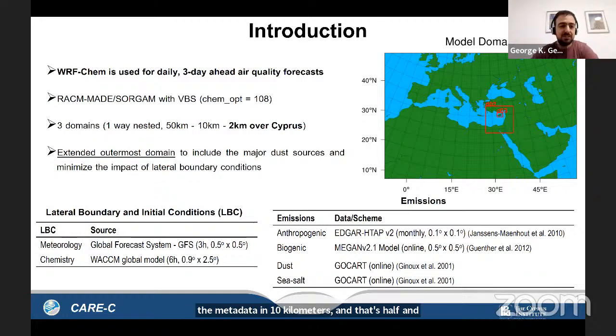with a resolution of 2 kilometers. For the boundary conditions, we are using the GFS model for meteorology and the CAMS model for chemistry. For emissions, we are using EDGAR HTAP version 2 for anthropogenic emissions, the MEGAN model for biogenic emissions, while for dust and sea salt, we are using GOCART.